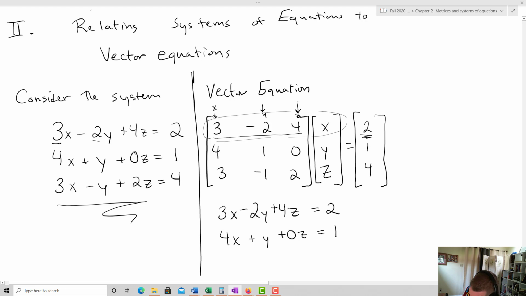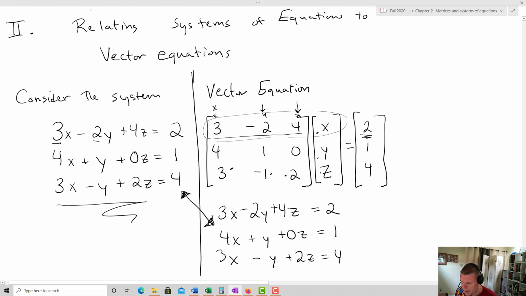And then 3x minus y plus 2z will equal 4. And what we can see is that these two are in fact identical. Okay, those are identical systems.